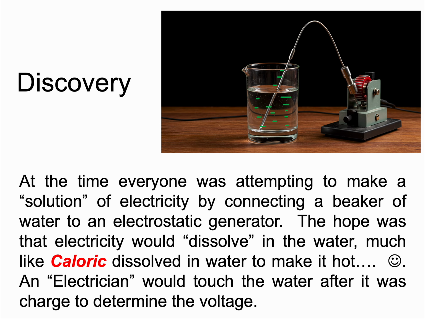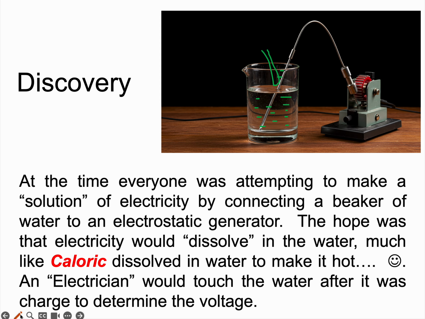In this case, the electrician would hold onto the beaker with one hand and then dip their finger on the inside to touch the charged water. And each time they did this, surprisingly enough, nothing happened. You might say, whoa, why didn't it work? Why couldn't you make the water negative?